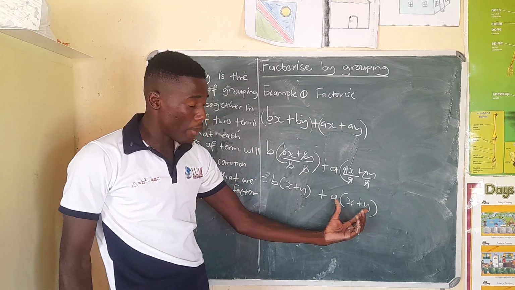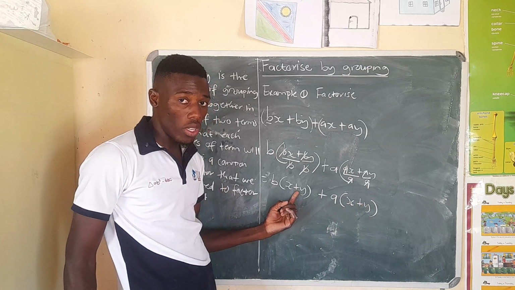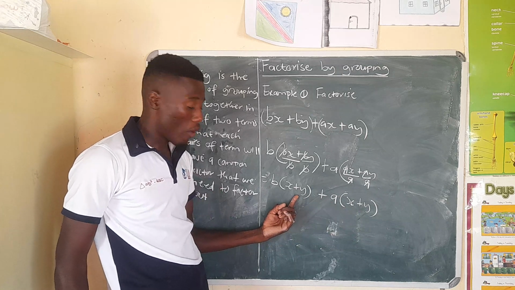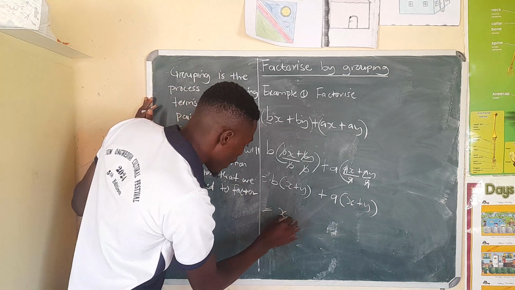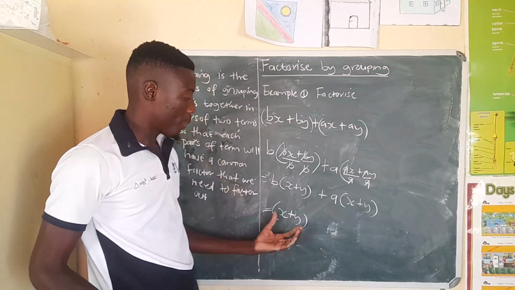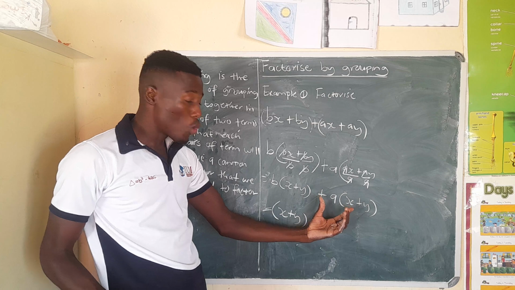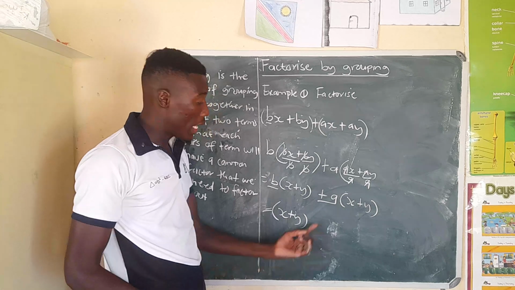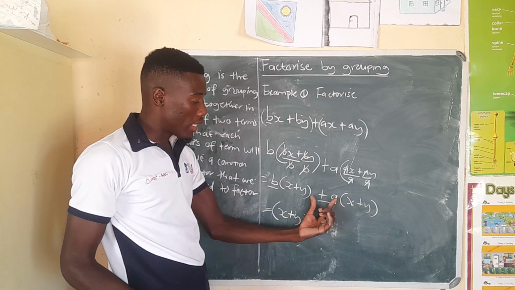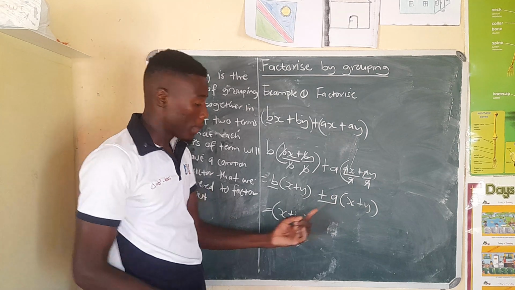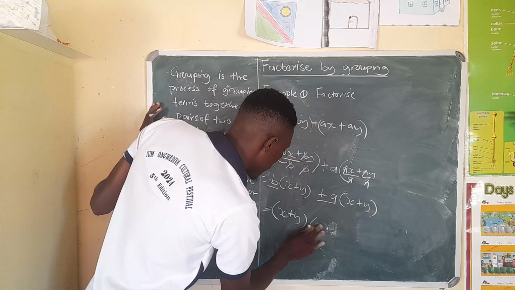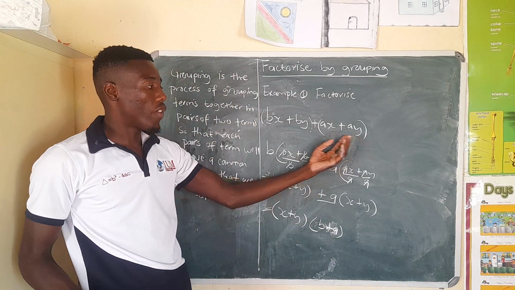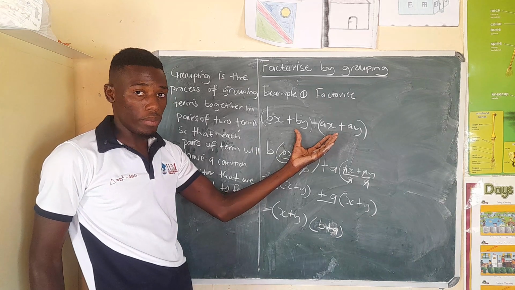Remember this bracket is the same as this one. The sign is also the same. So I'll take one of these terms, x plus y. I'll have two brackets. So I'll also take this one and this one. And remember, this one, you must take it with its sign. Then it will be b plus a. So like this, we have factorized this expression.